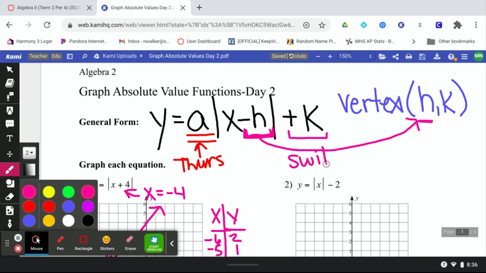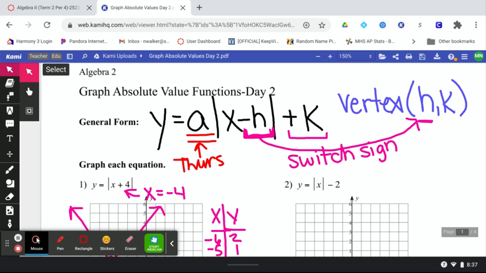We switch the sign there, but we don't switch the sign on the k value. So today, our center might move off of the x-axis if we're adding or subtracting something to it. We are going to find the vertex today, and then from there we'll say, okay, now they're 1 away, they're 2 away, and we'll make our points.